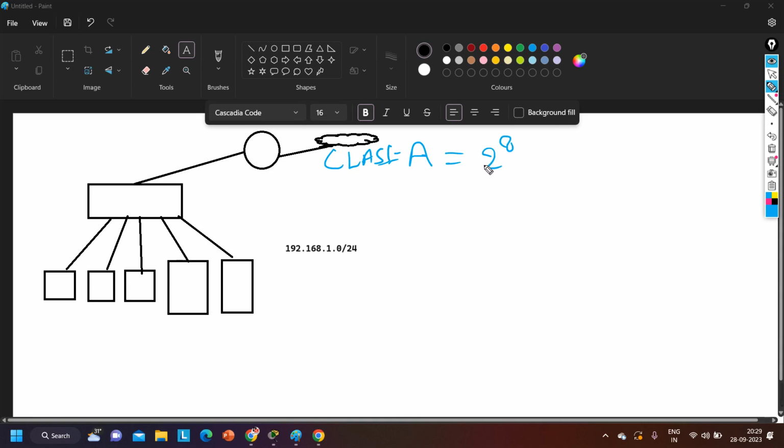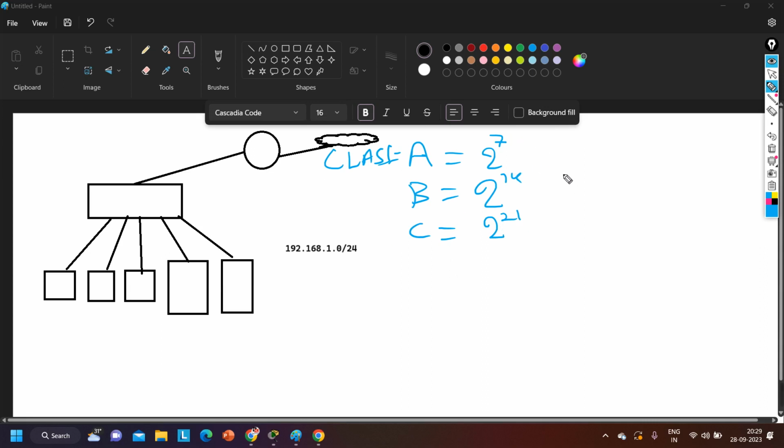But out of 8 bits, 1 bit is reserved. That will always be 0. So we can design 2 to the power 7 networks from class A. From class B, how many networks can we design? 2 to the power 14. And from class C, how many networks can we design? 2 to the power 21. Very good.